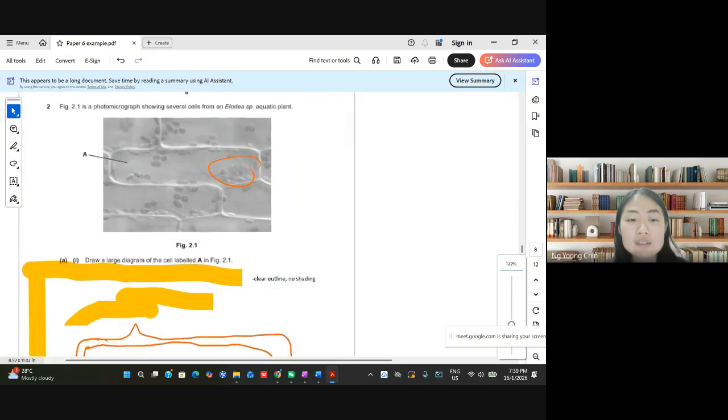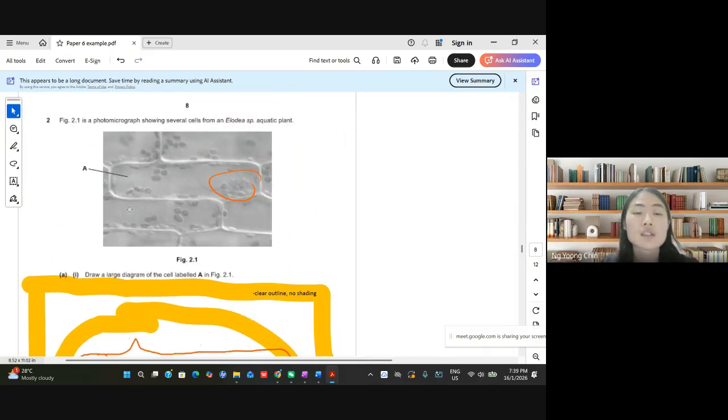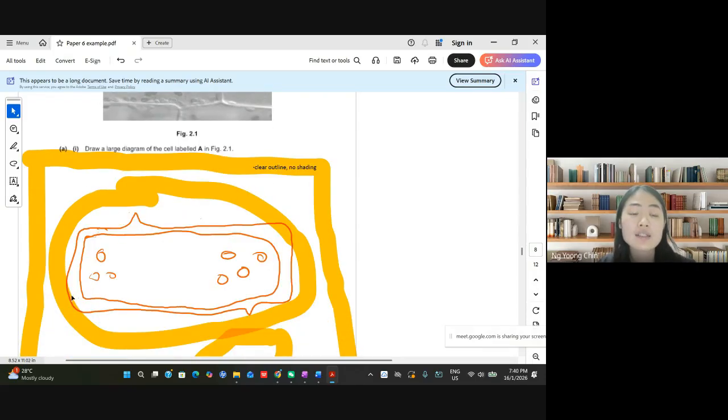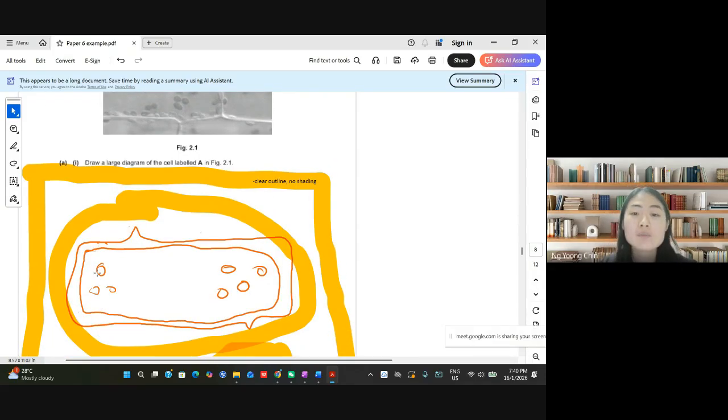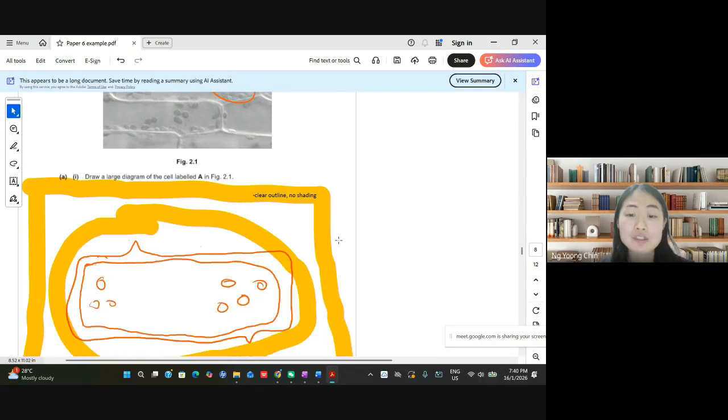And then another thing is, whenever you draw a diagram, the thing that you need to note down is, they ask you to draw this cell labelled as A. So you just follow them, draw the outline, a clear outline like this, okay? A clear outline. No shading. Because you are answering a biological question, you are not an art student. You are not doing your artworks. If you do artwork, you use shading, but you are actually answering this paper 6 biological question.